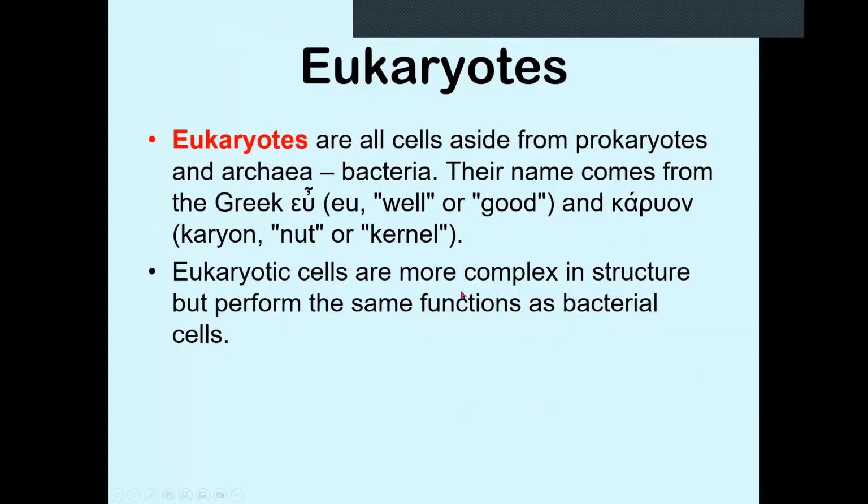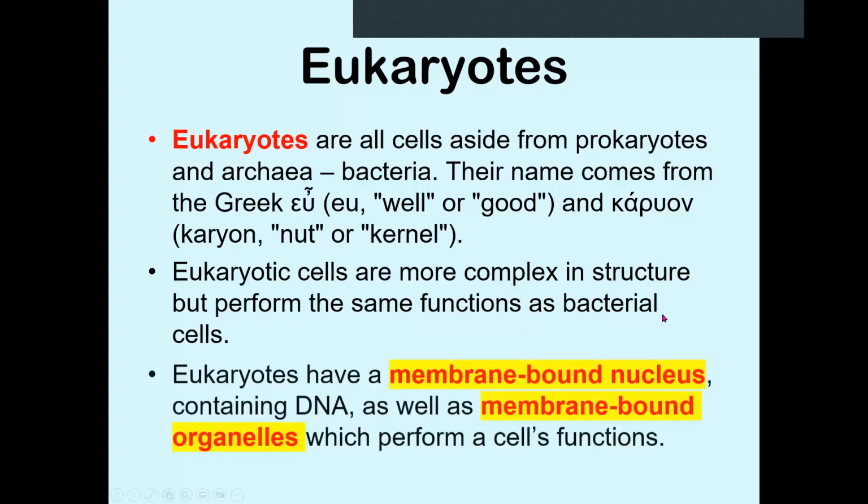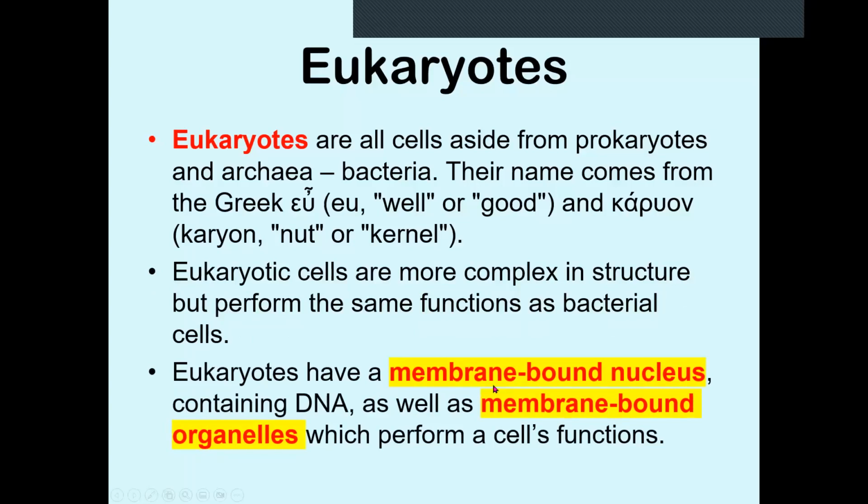So they're far more complex in structure than bacterial cells, and eukaryotes have, this is important, a membrane-bound nucleus. Generally just one, but some of our cells, white blood cells, have multiple nuclei, as well as membrane-bound organelles.